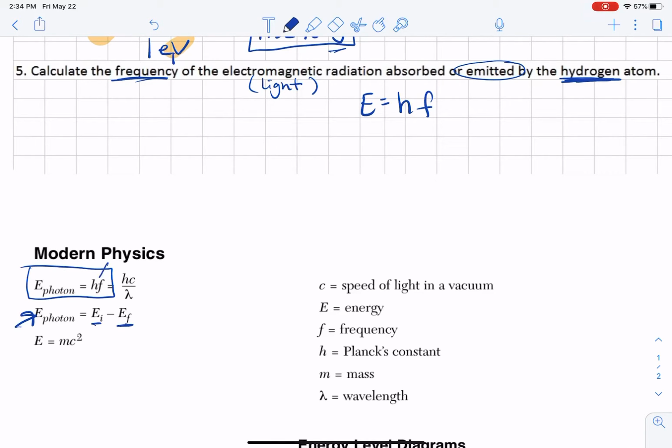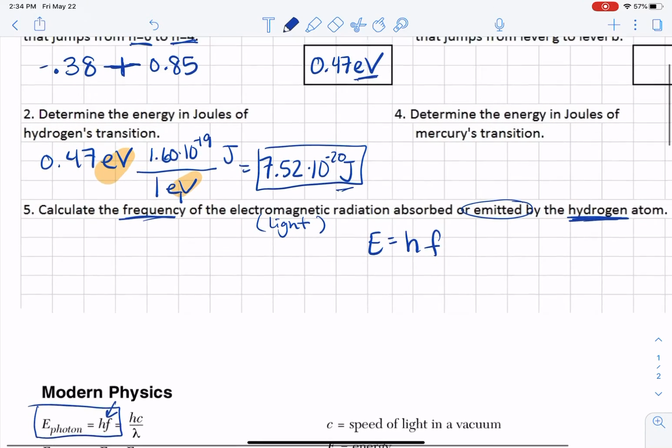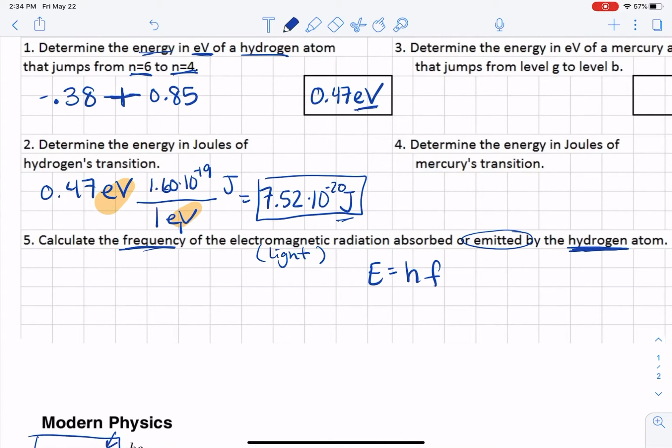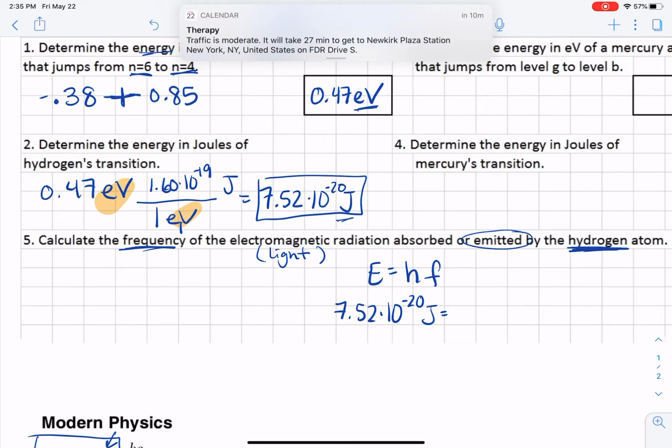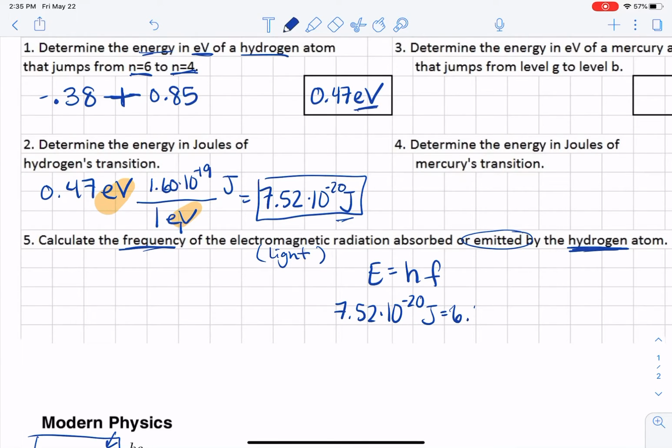And we're solving for frequency, so we're going to use this version of it. So my energy, we want to use it in joules because Planck's constant is given to us in joules. So 7.52 times 10 to the negative 20 joules equals, and you'll have to look up 6.63 times 10 to the negative 34 joule seconds times frequency.